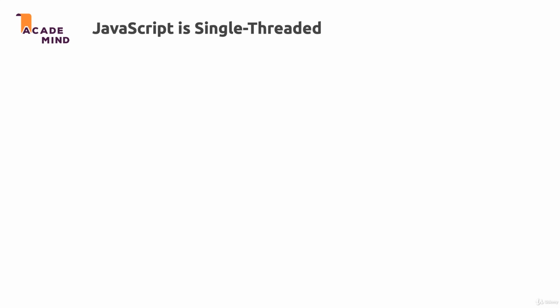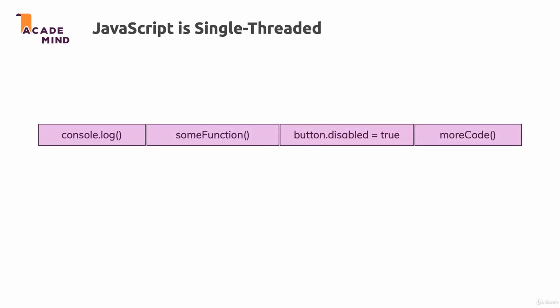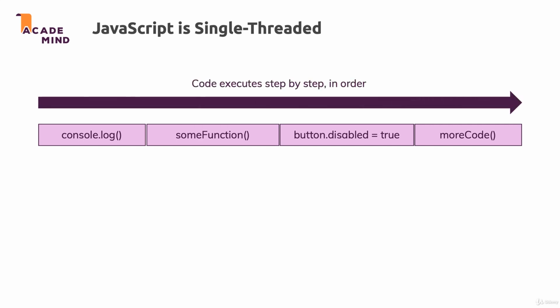So let's say we have a bunch of code where we log something to the console, call a function, then maybe in that function or somewhere else after this function ran, we disable some button, and then we maybe run another function. The important thing to realize here is that all these steps run in sequence after each other. They're not running simultaneously next to each other.